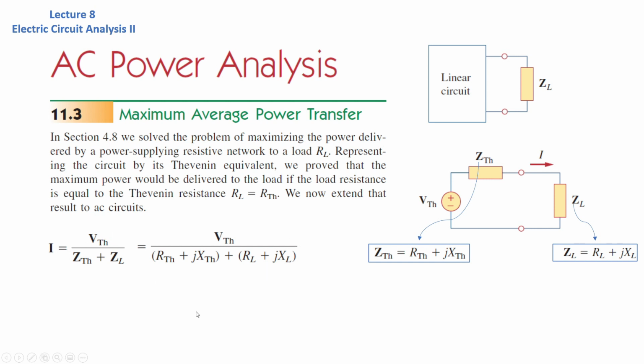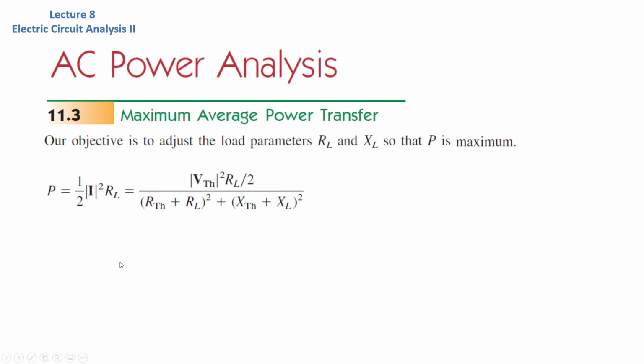And so once we have this expression for current in terms of Z Thevenin and Z load, we can then move to find the average power delivered to this load by this circuit, right? So once we put that expression in this formula, we find this average power delivered to the load.